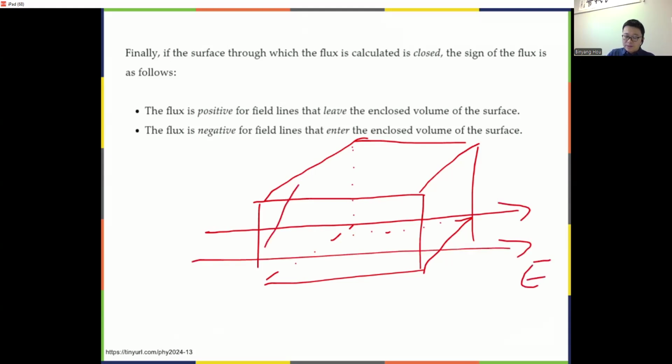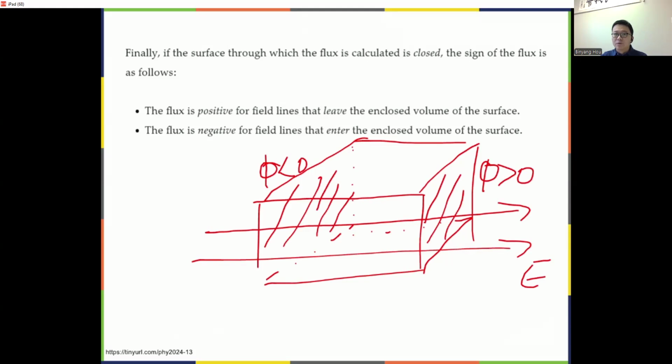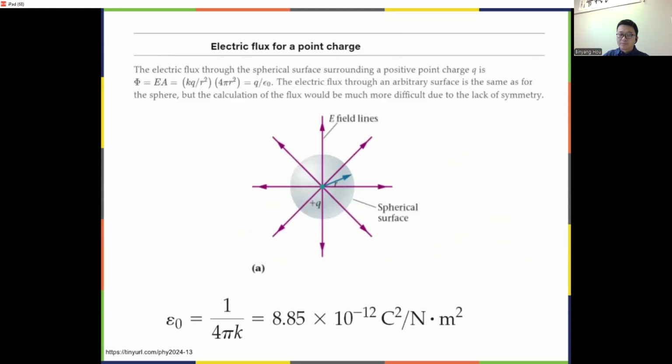When the E field enters this surface on the left-hand side, it's entering the volume, so the electric flux through this side will be negative. The electric flux through the right surface over here will be positive. That gives you a sense of which one is positive and which one is negative when we talk about the two signs. All right, let's move on to the next one.